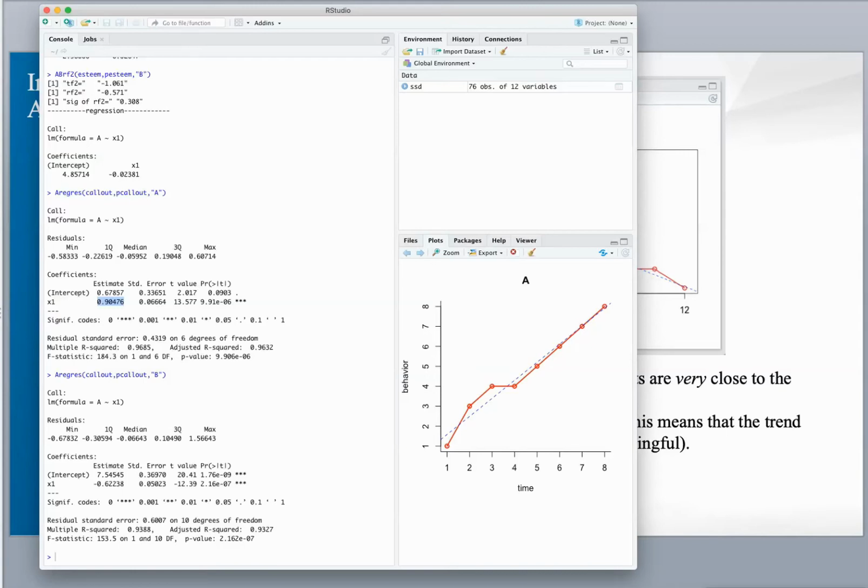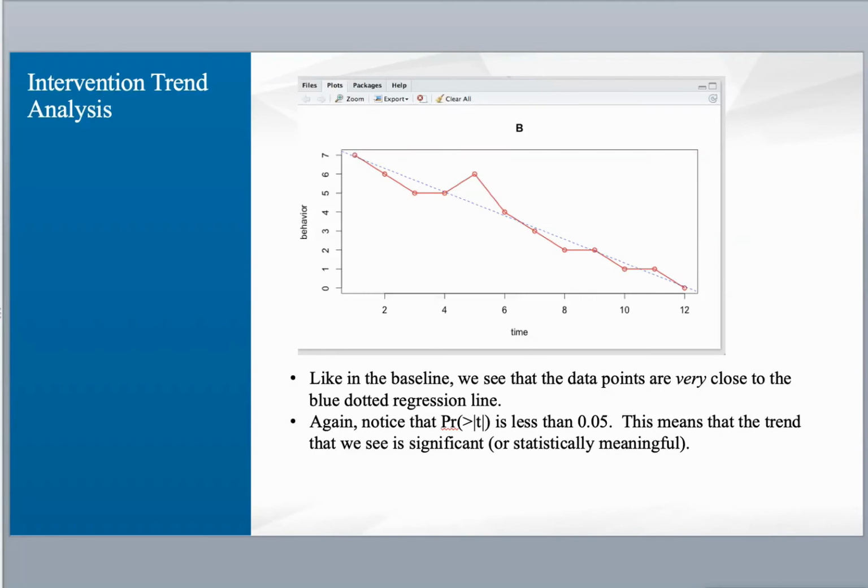But there is a trend, and again, trends will have some impact on the type of analysis you can do. So for now, for the baseline, just indicate whether or not there's a trend.